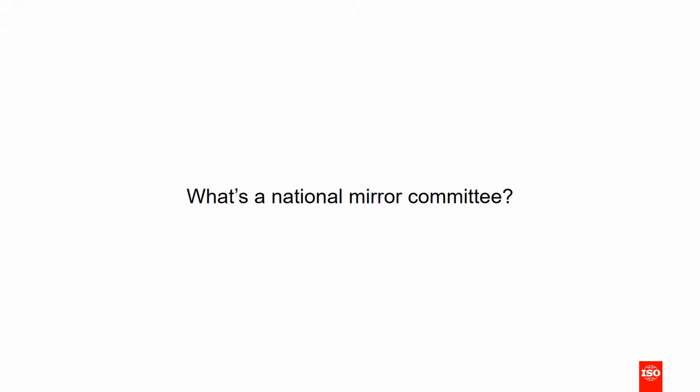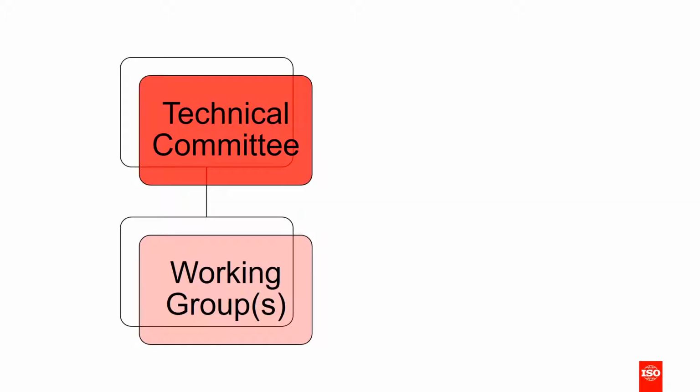So, our first question: what is a National Mirror Committee? If we get back to this slide, which should be familiar to you by now, so the usual ISO technical committee with the working groups that are under the technical committee. And if we remember from Unit 1, at the technical committee level, we have committee members representing their countries.